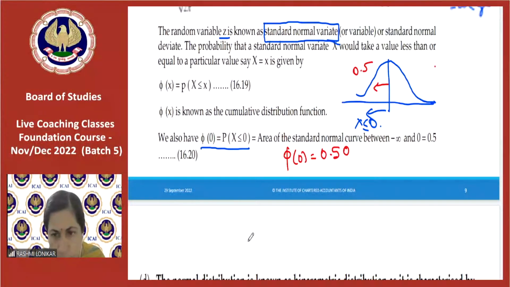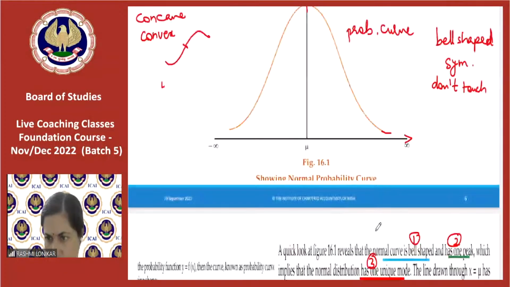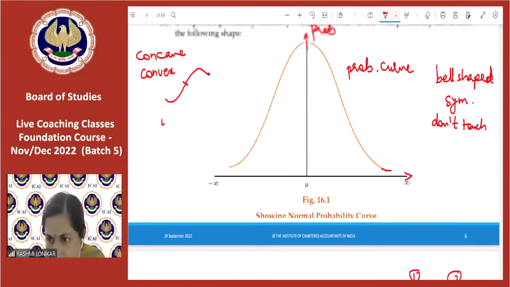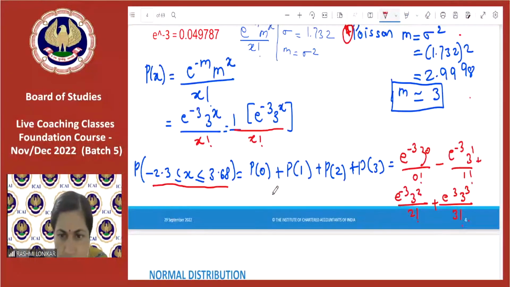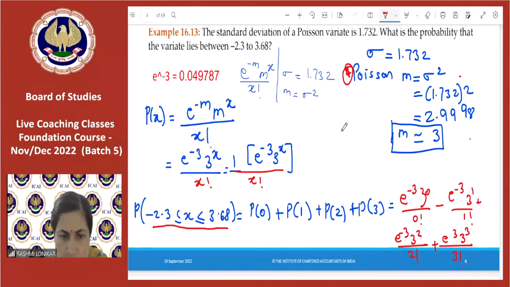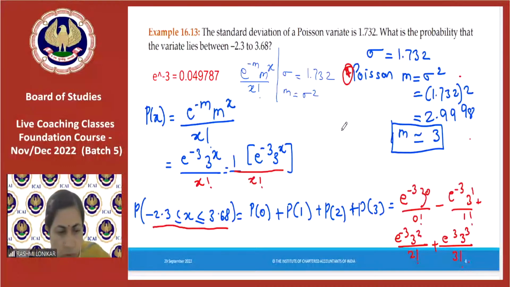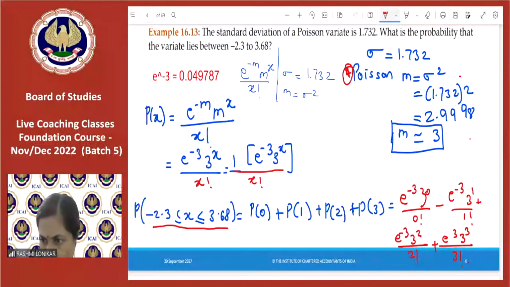Poisson sum. Lakshita, just let me know where you are thinking.